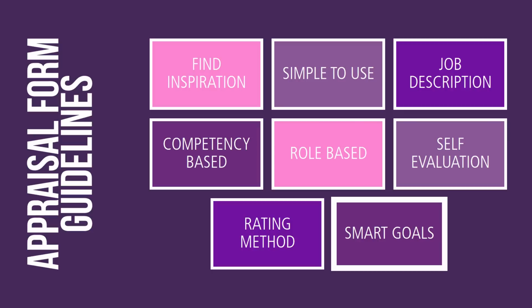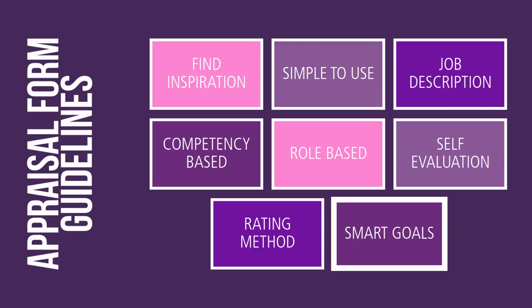Your performance evaluation tool should provide for clear definition and discussion of employee goals. The evaluation should encourage participants to write goals against SMART criteria. Is the goal specific, measurable, achievable, relevant, and time-based?